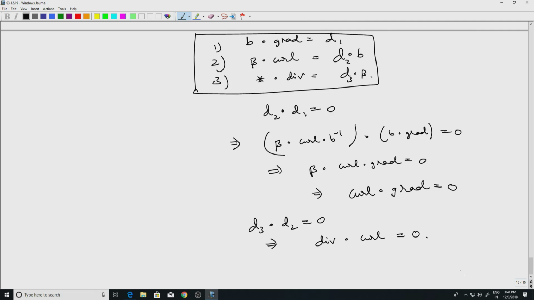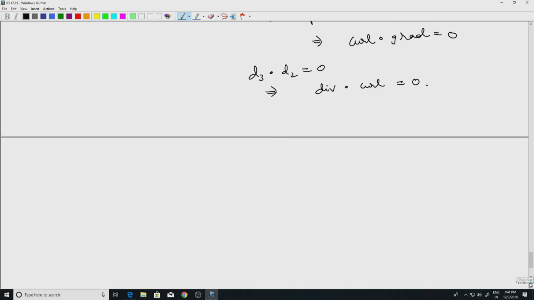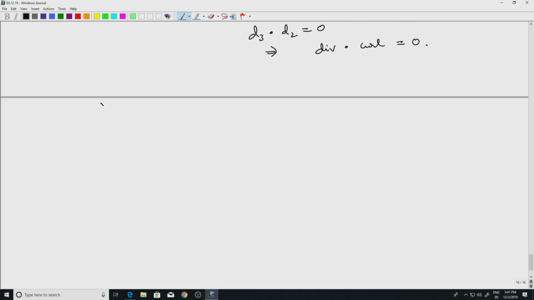Now the other remark I want to make is that one has an invariant formula for d. Now what does one mean by invariant in this setting?